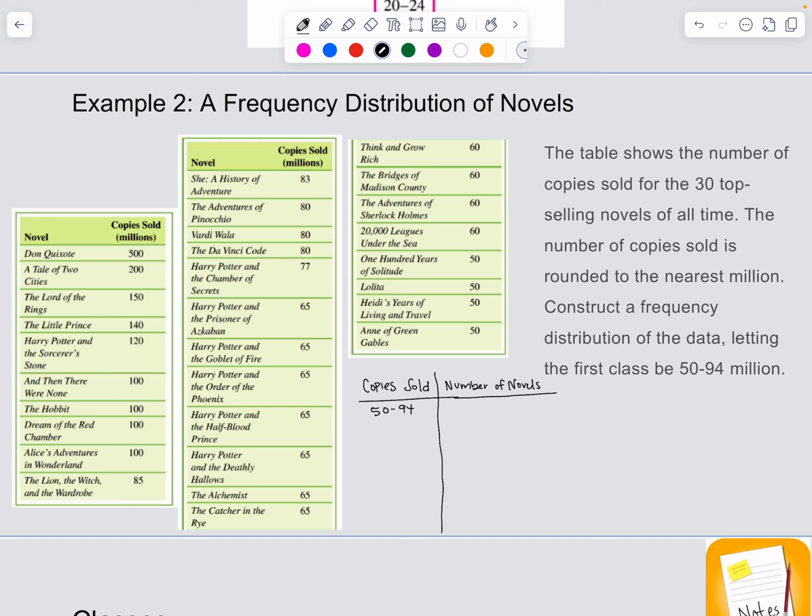So let's split them off. 50 to 94, and then 95 to 139. That way they have the same width.